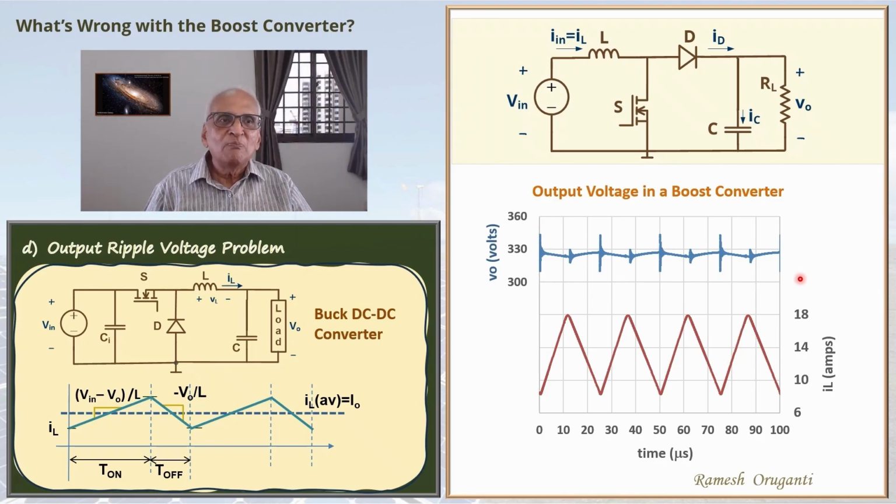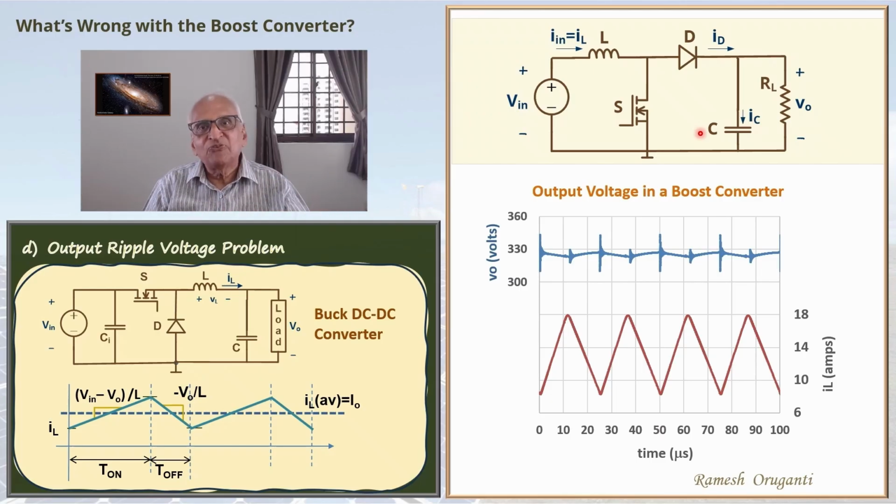One is to make sure that in this loop of switch, diode and capacitor, there is as little parasitic inductance as possible. That means we place these components physically close together and keep the connection lengths small. The capacitor has to be carefully chosen. A few capacitor types may be paralleled together.